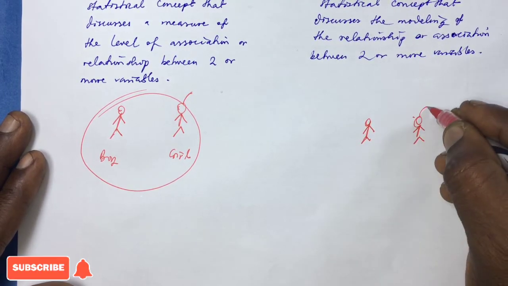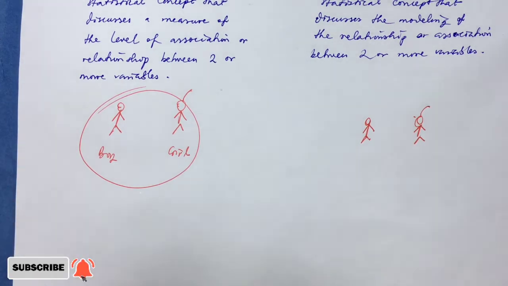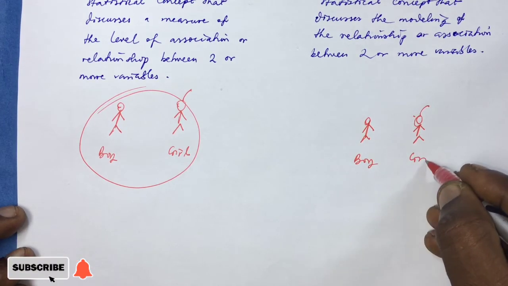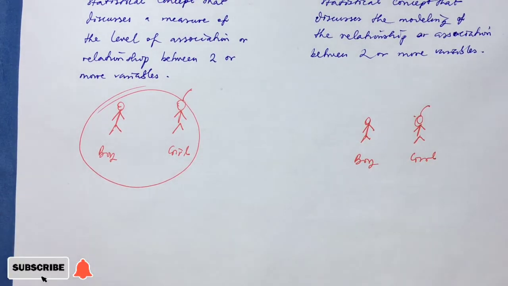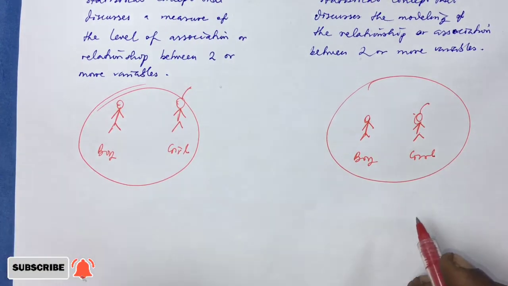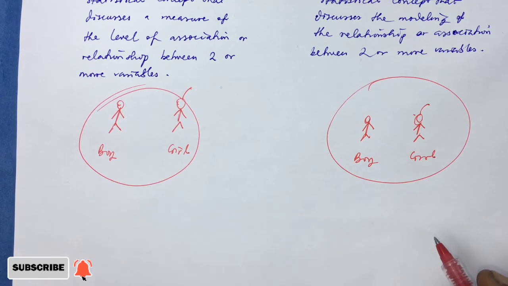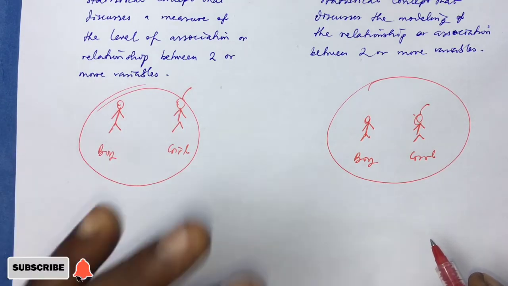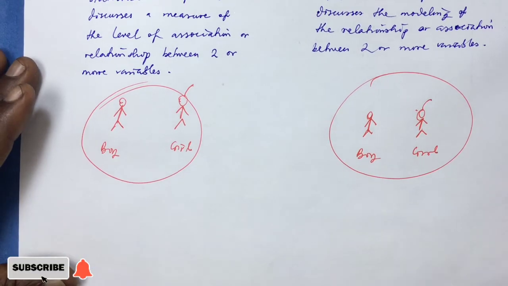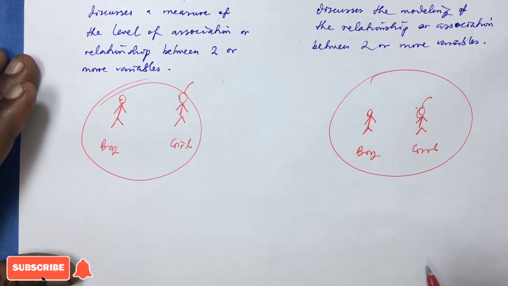It is in regression we answer the question, what is the kind of relationship existing between, now that we know that the boy and the girl are related, or their relationship is weak or strong. It is in regression we now say that both of them are dating. Both of them are a couple. So it is in regression we answer the question, what kind of relationship exists between them?